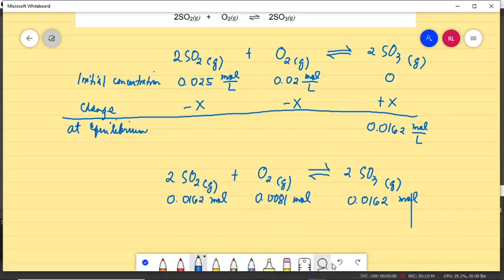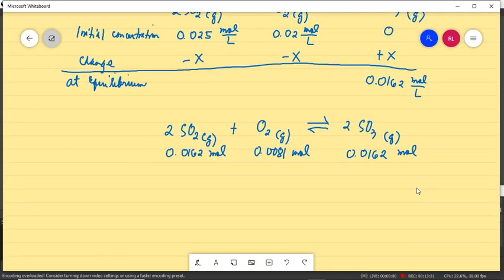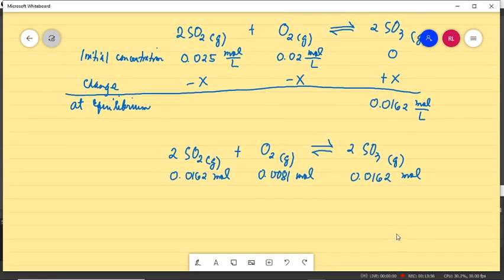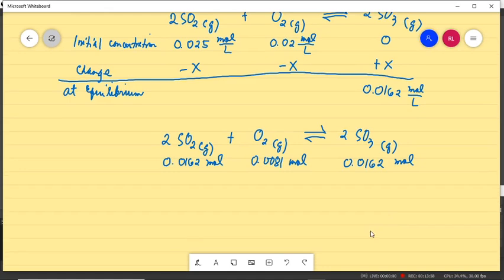Now, what is the concentration of each species at equilibrium? At equilibrium, for sulfur dioxide, the formula is just to add.